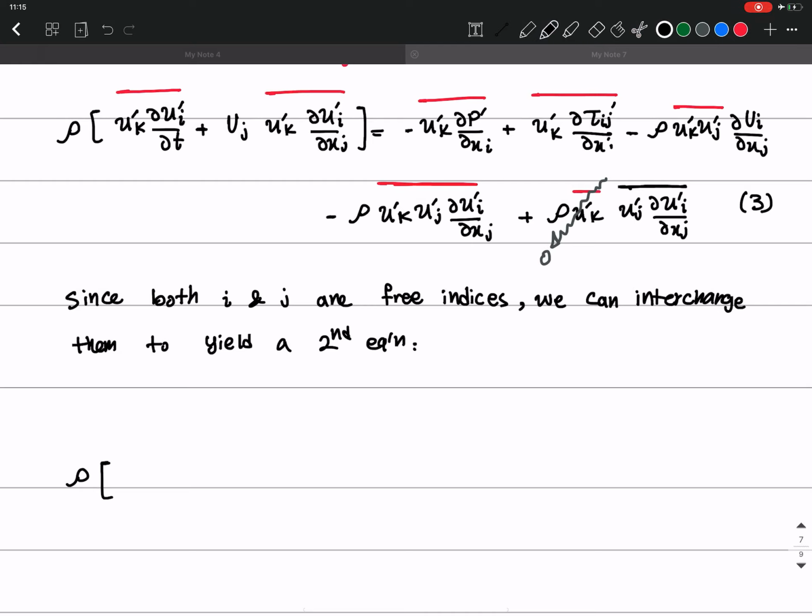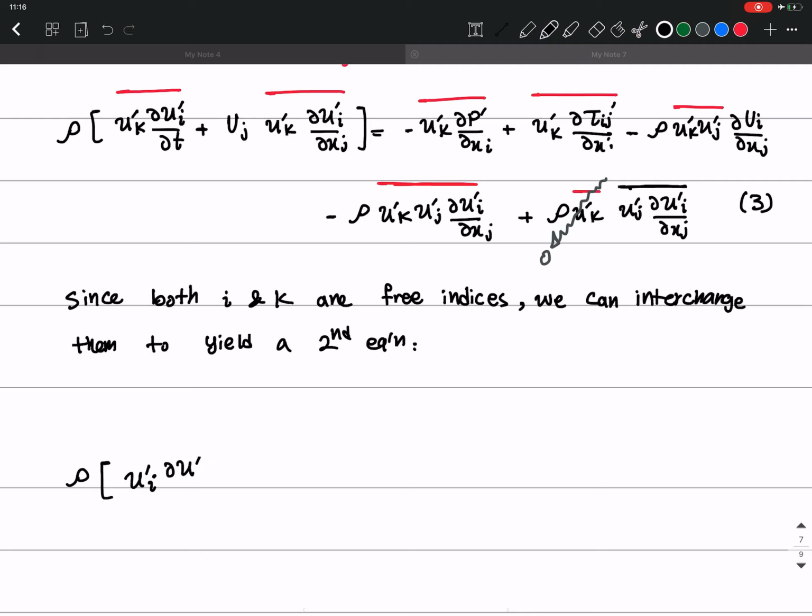Yeah, so since i and k, I'm going to do this with k, not j, to get a second equation. So if we do that, we are going to get this equation. So it's going to be u prime i. Instead of k, I write i. Instead of i, I write k.